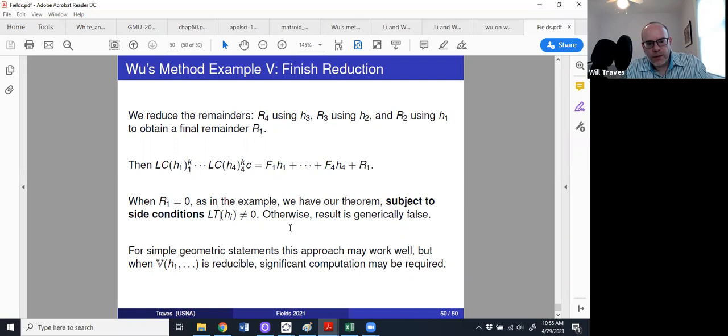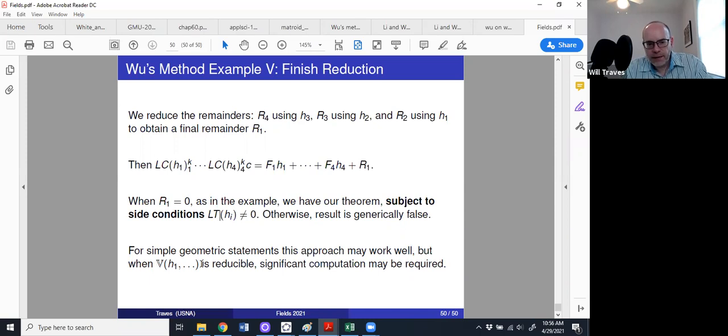So, this works pretty well for simple geometric statements like the one that we were just working with. But there are some complications, and some of the complications involve, for instance, problems triangulating the system.